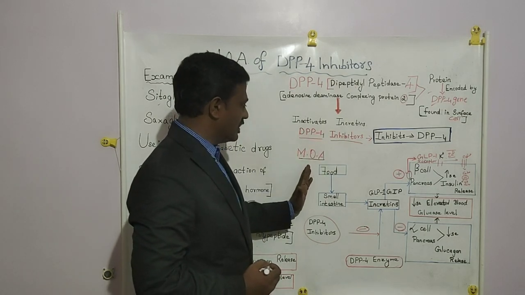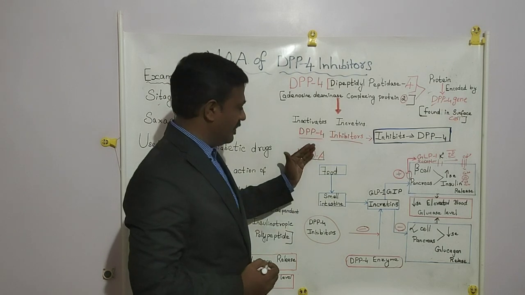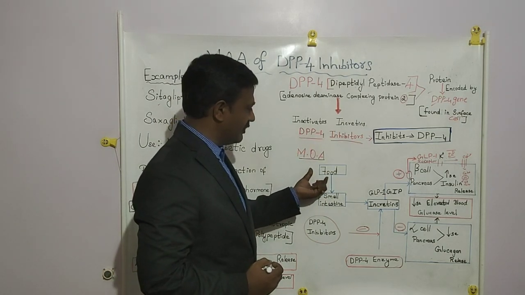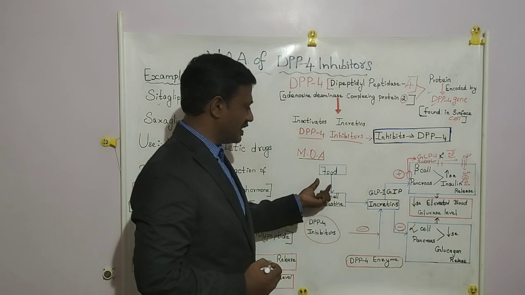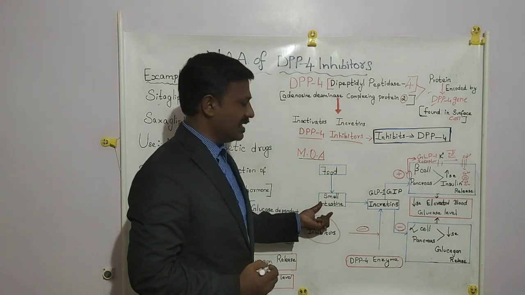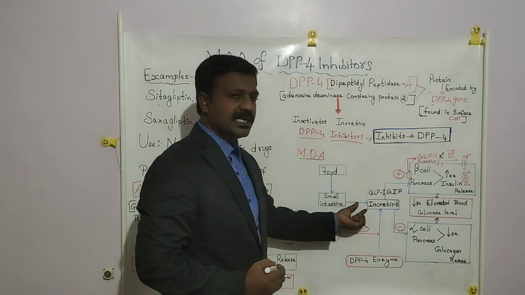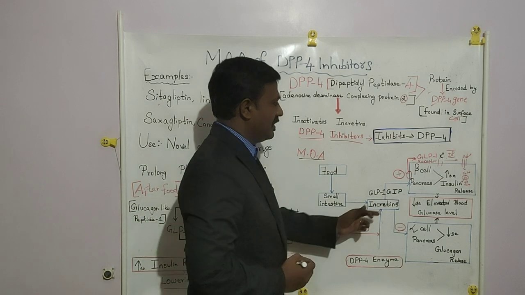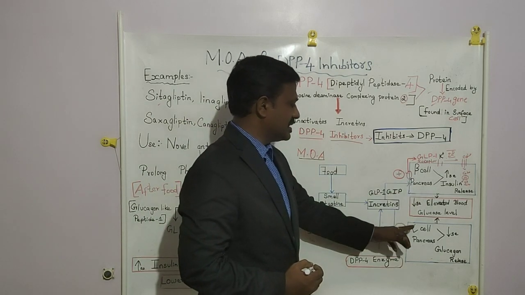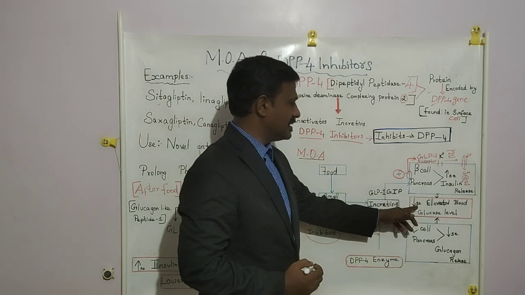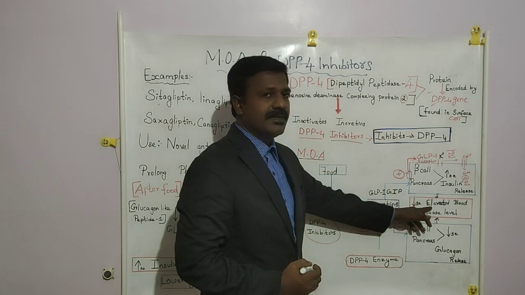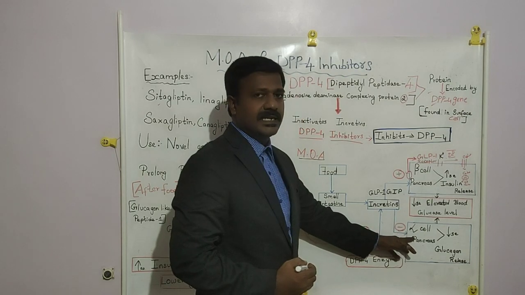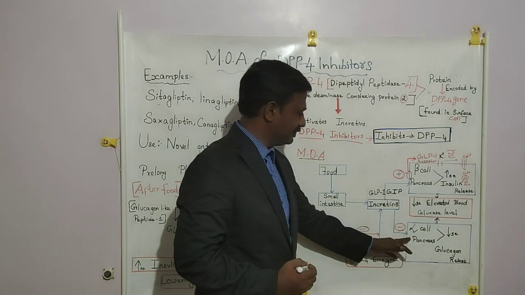Now I am going to explain the mechanism of action using the following flow chart. First of all, after intake of food, the food reaches the small intestine. So there is immediate release of incretins, GLP1 and GIP. They act on the beta cells and alpha cells. In beta cells, they decrease the elevated blood glucose level, and in alpha cells, they decrease the glucagon release.